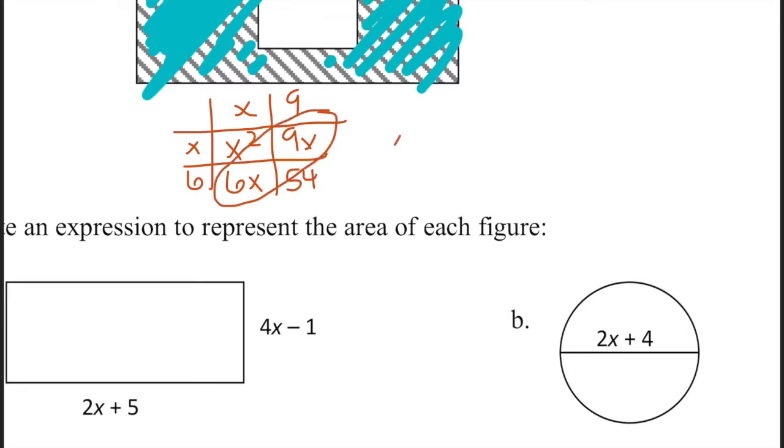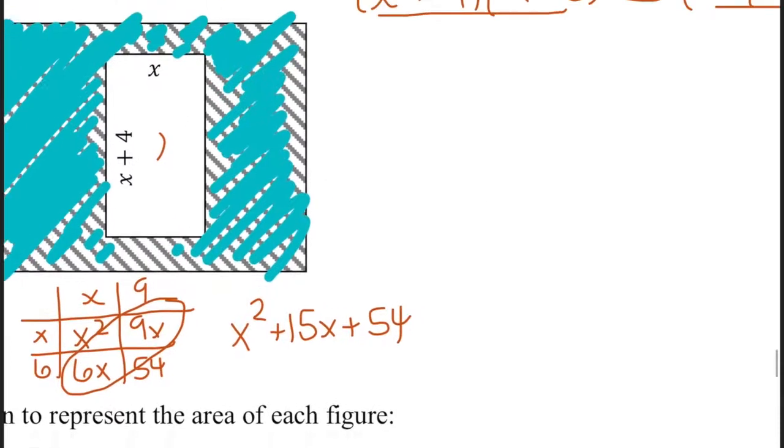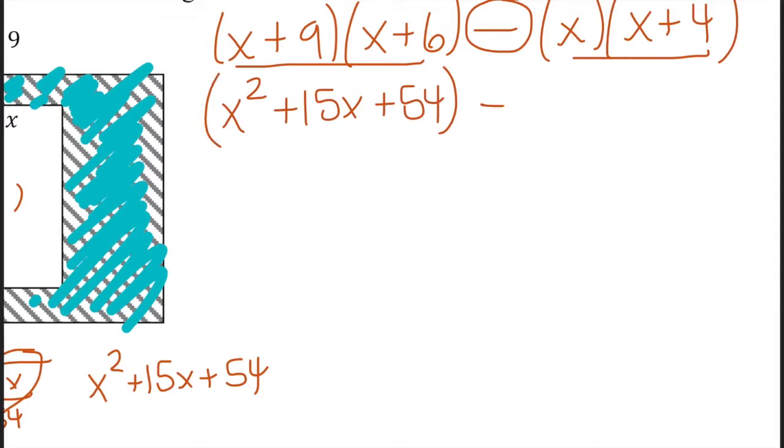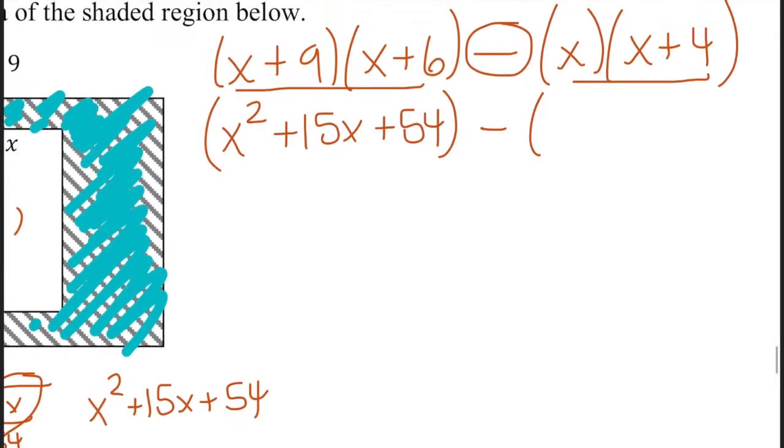Here are my like terms, so x squared plus 15x plus 54. All right, let me put that back up here. X squared plus 15x plus 54. I'm going to keep it because I'm not touching the subtraction yet. And now for the x times x plus 4, I'm just going to distribute. X times x is x squared, and x times 4 is 4x.